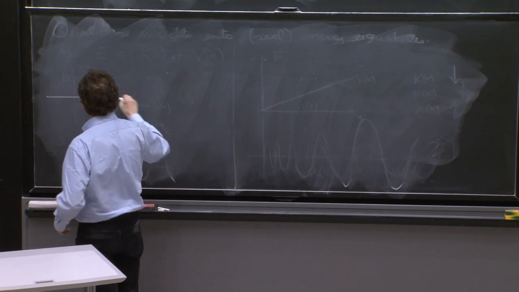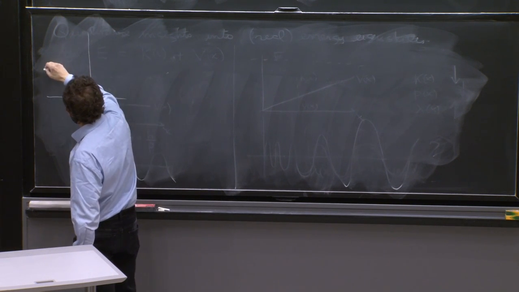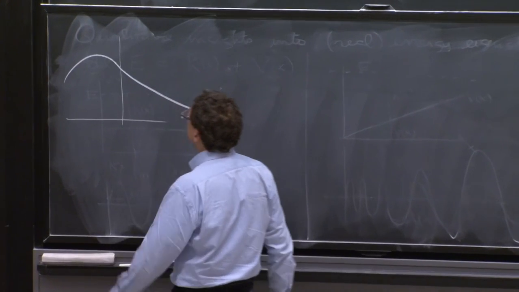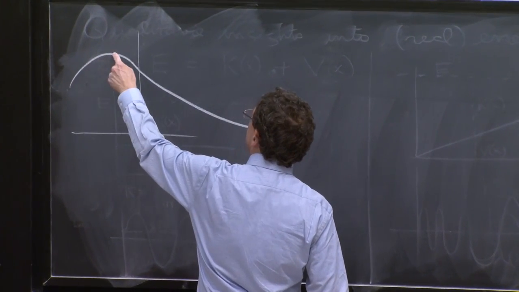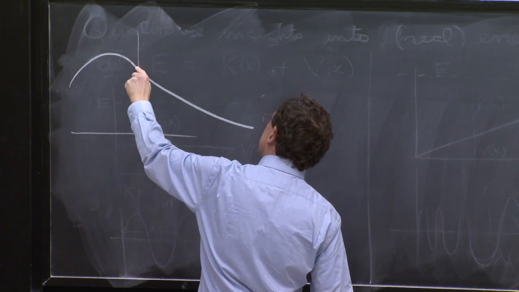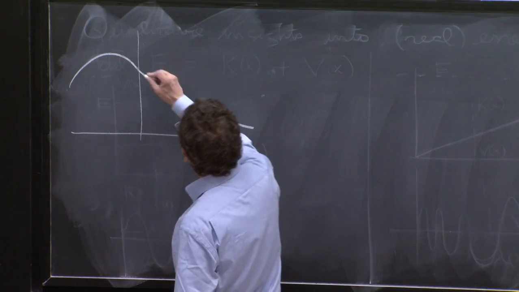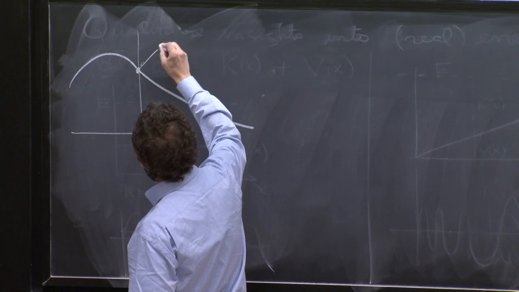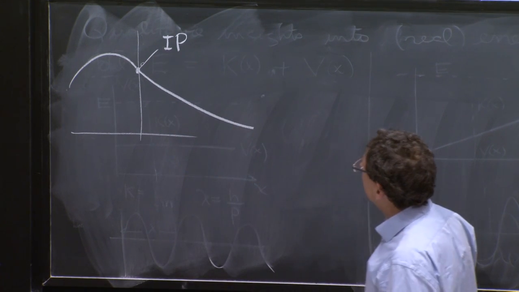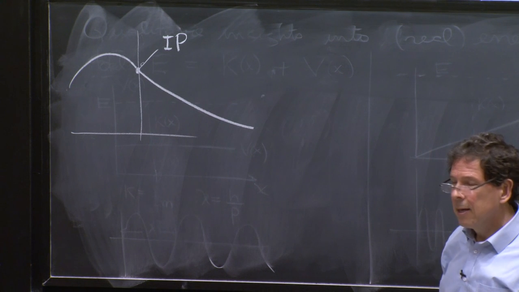An inflection point on a wave function could be anything like that. Second derivative is positive here. It's negative here. Second derivative is positive. This is an inflection point. It's a point where the second derivative vanishes.